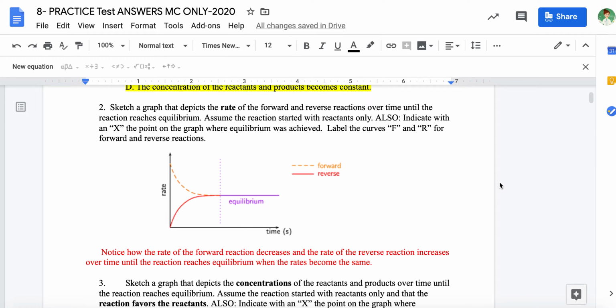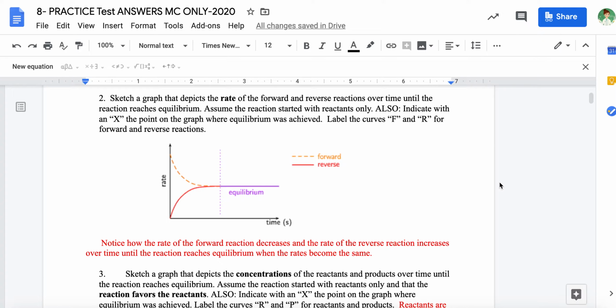Now for questions 2 and 3, I really want you to pay attention to the differences between what is being asked to be graphed. In question 2, you're graphing rate, and in question 3, you're graphing concentration. So with any kind of graph, please make sure you're paying attention to the axes labels, and that if you're asked to create a graph, you label the lines appropriately.